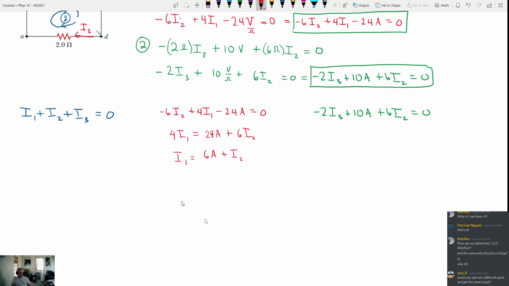Is it that simple? No, it's not even correct at all. Sorry about that. 6 divided by 4 is like 3 divided by 2, which is like 1.5. That looks better. Does that look okay, everybody?